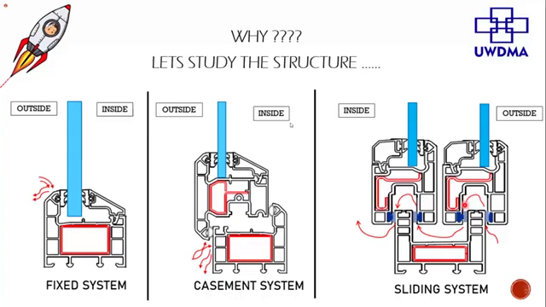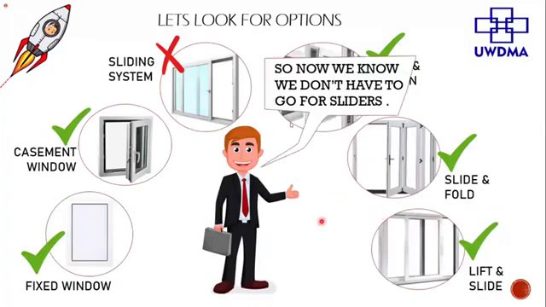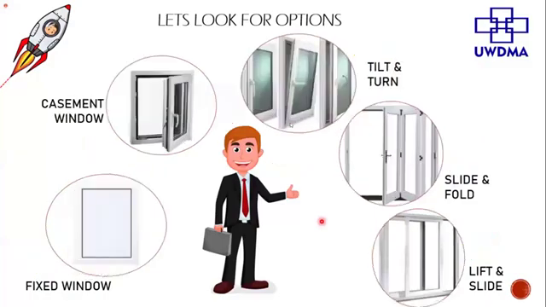Until it's sealed properly, it will enter somehow. So as we have seen, these are the options. Now we know we don't have to go for sliders. We have removed the sliders from these options, so now let's go with the other options.